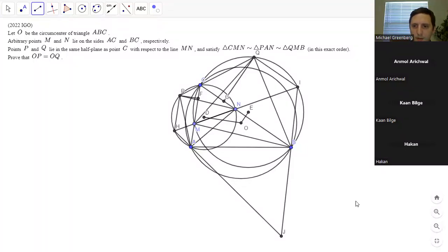So OP equals OH and OQ equals OI. And then does that solve it? Let's see. We need to show OH equals OI, and we know JHI is isosceles. Interesting.